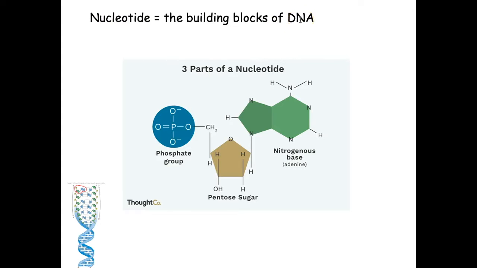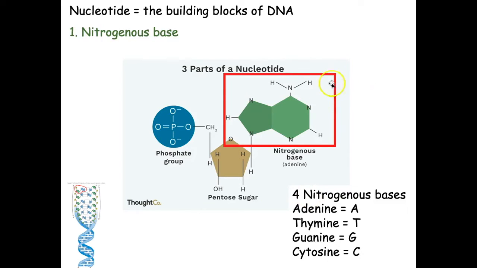So DNA is made up of a whole bunch of nucleotides. So this little part that I've outlined here in red, we've zoomed way in on it here, and we're going to talk about what each of these three parts are and some important pieces of those three parts of a nucleotide.